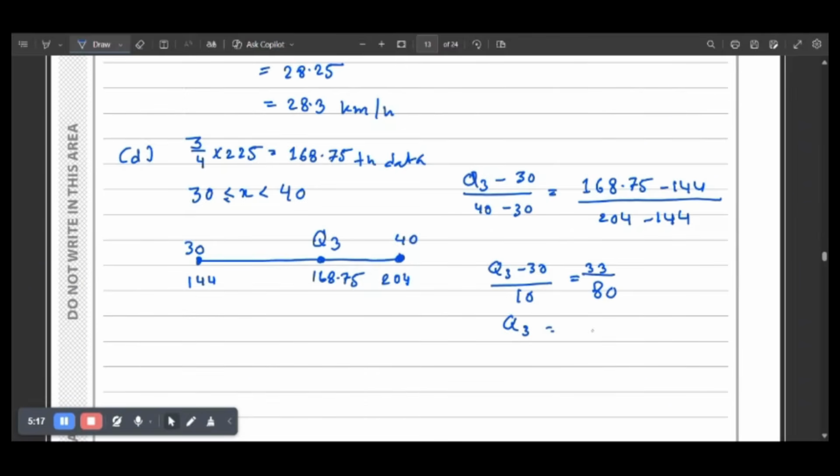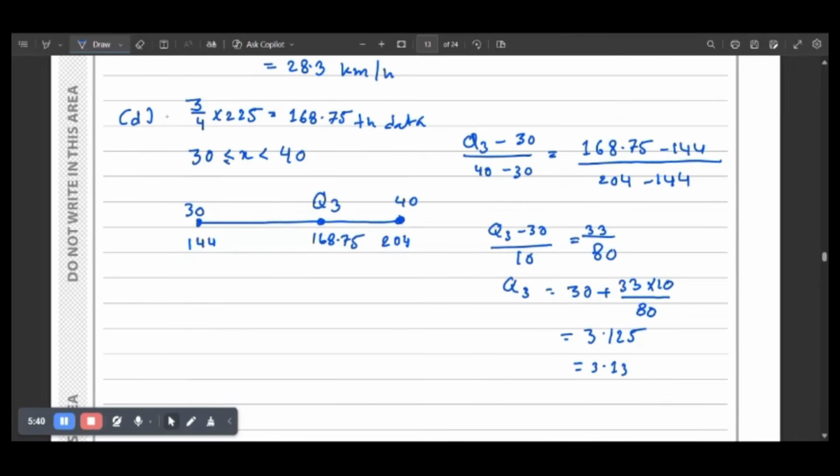So quarter 3 will equal 30 plus 33 into 10 divided by 80. Now this is 3.125, which can be written as 34.13. So this was D1.